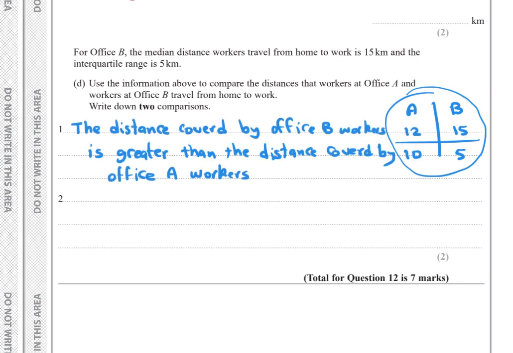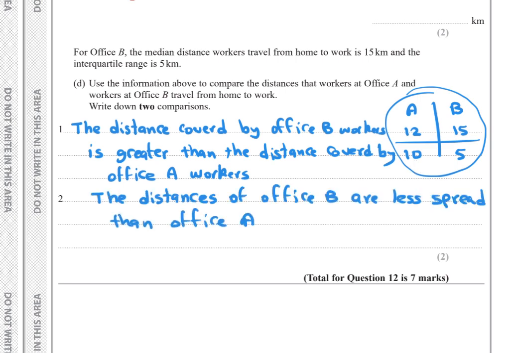The second comparison is between the interquartile ranges. The interquartile range of office B is less than that of office A. This means the distances of office B are less spread than the distances in office A, or you can say the distances of office B are less varied than the distances of office A.